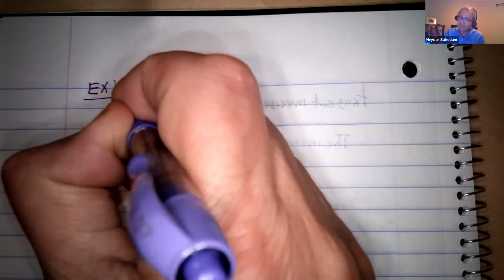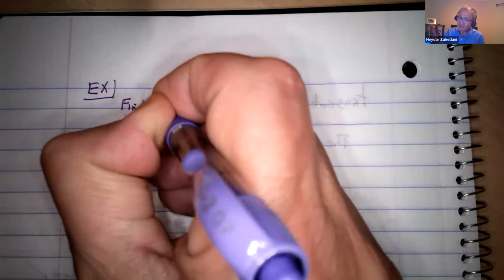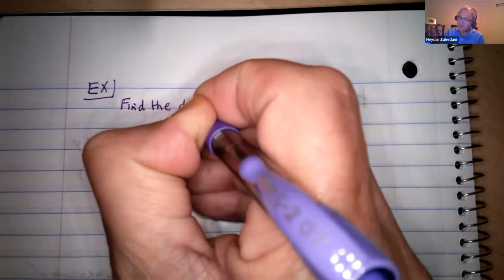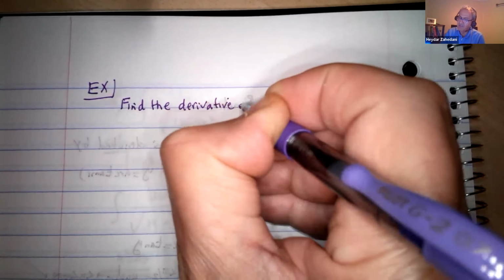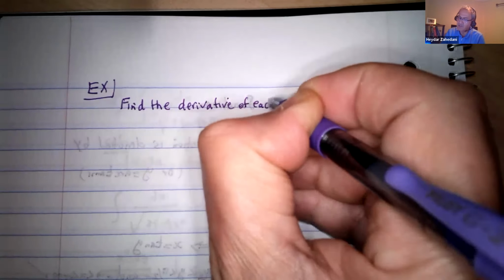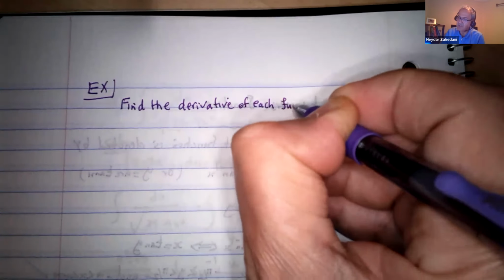So example, the first one, differentiation. Find the derivative of each function.